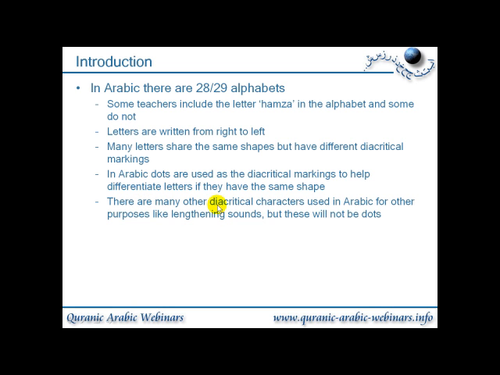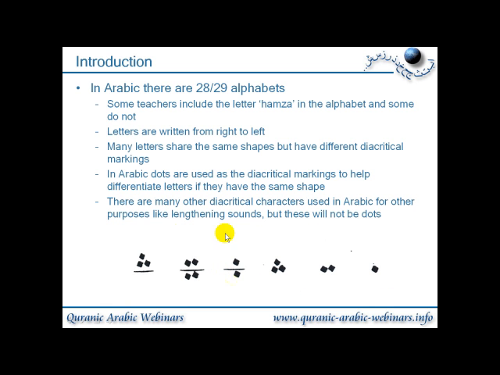There are many other diacritical characters used in Arabic for other purposes, like lengthening sounds, but these will not be covered here. So here we have what we call the dots, and generally you'll have different numbers of dots. So we've got 1 dot, 2 dots, 3 dots. Sometimes they'll be below or above a letter or even halfway in the letter itself.